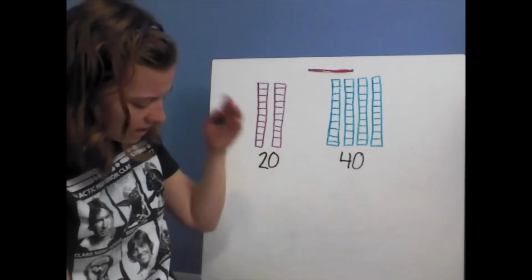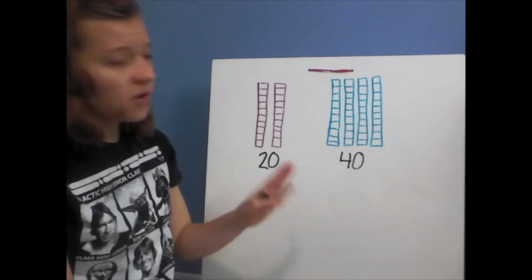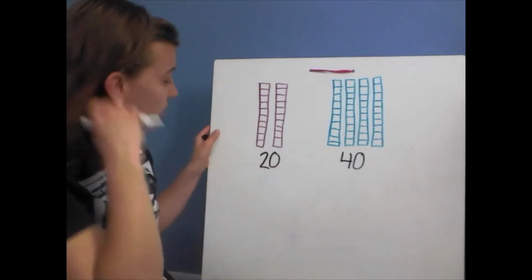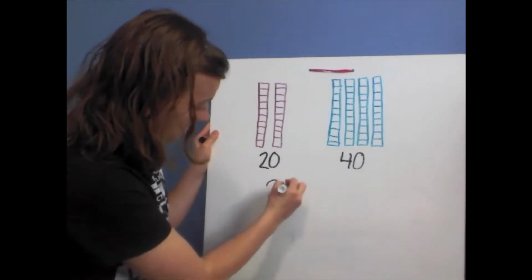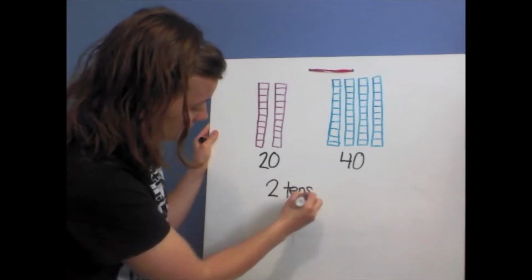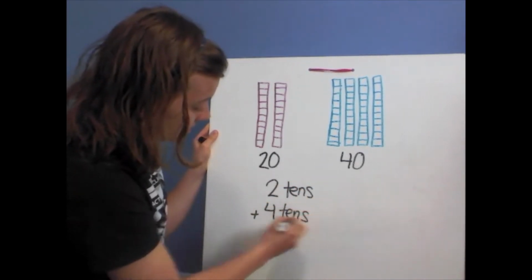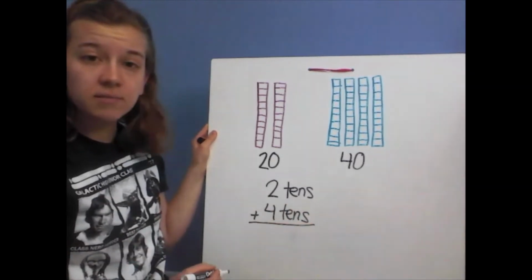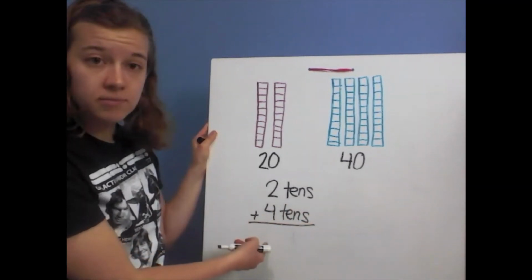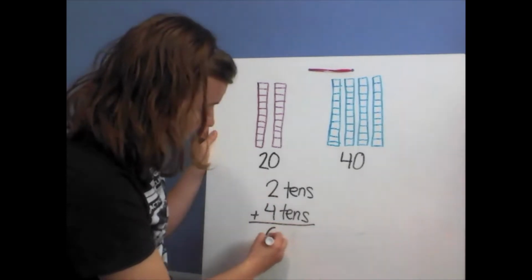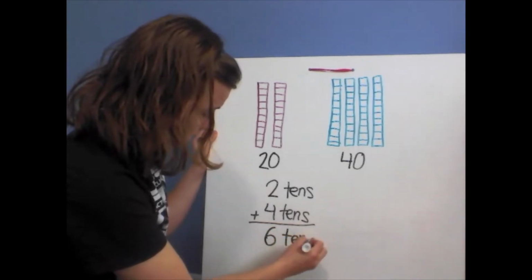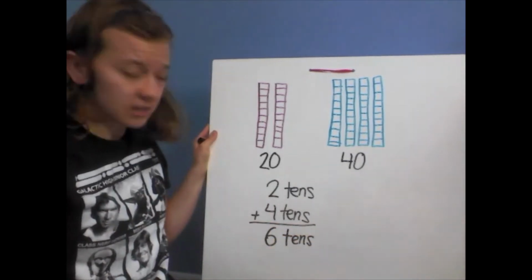Very good. So, another way that we can write this is we can write two 10s plus four 10s equals 2 plus 4 equals 6. Six 10s. Good. All right, makes sense.